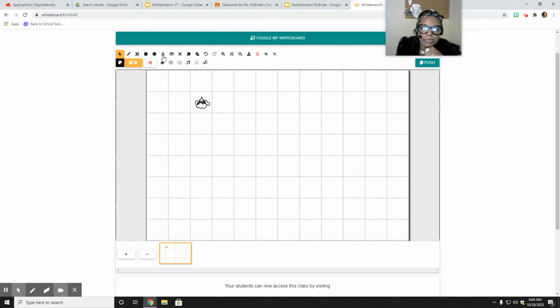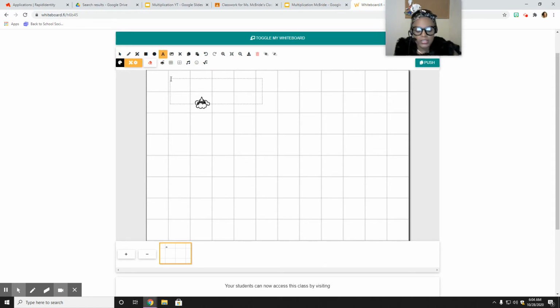So here's my expression. Create an array that represents the equation 4 times 3 equals 12.